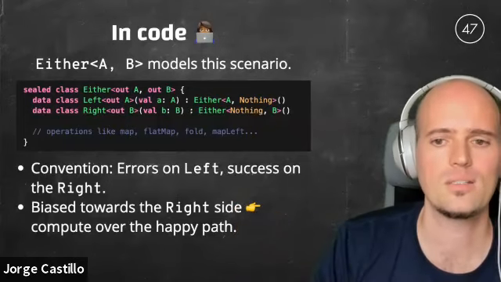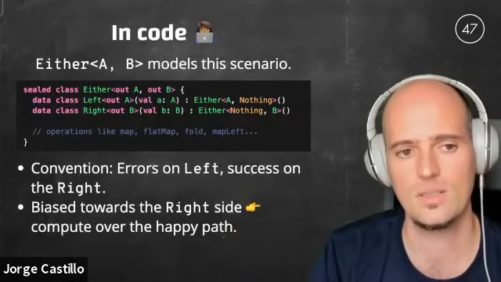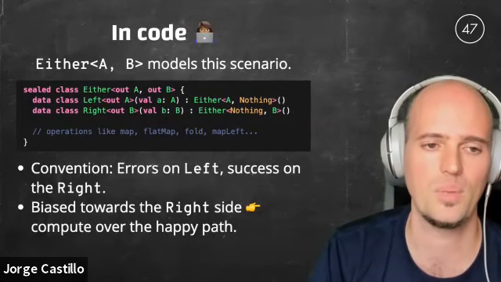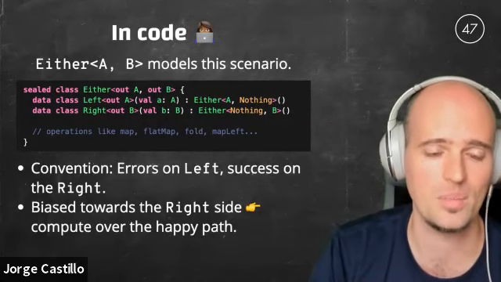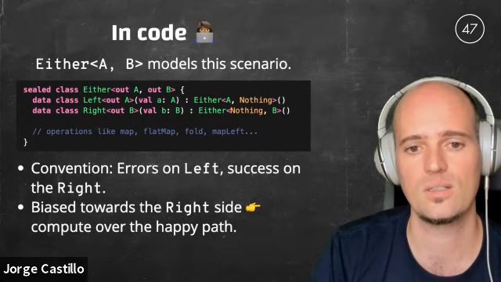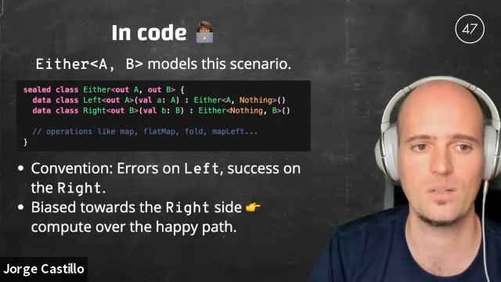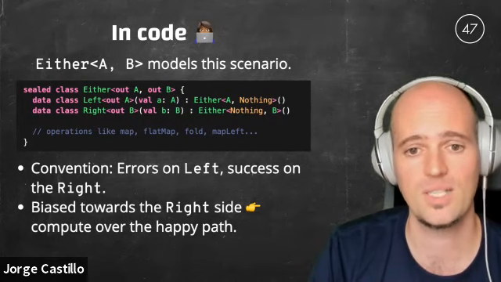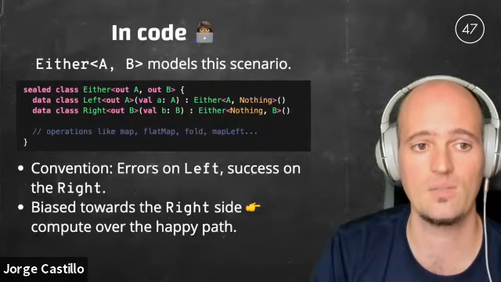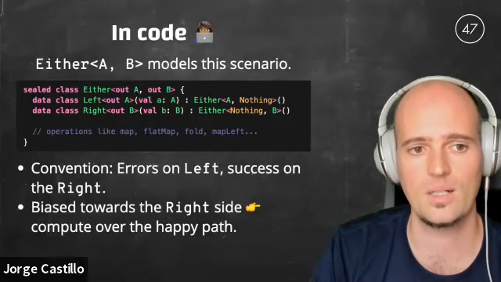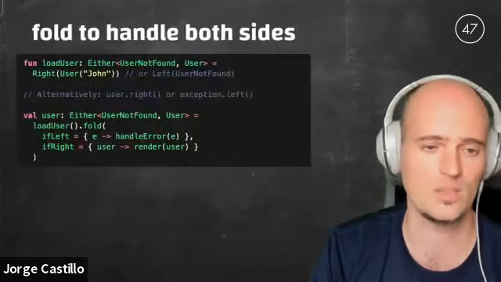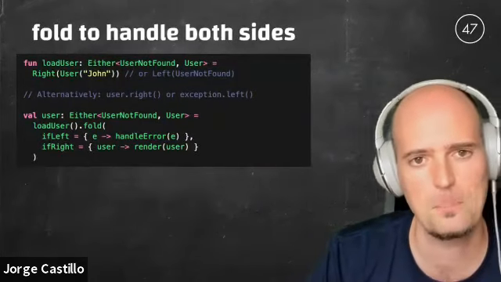So you get the ability to keep computing over the happy path, because that's how flatMap is written, just by using map, flatMap, or any of those combinators, plainly because they are biased toward the right side. If they find that the Either is a Left with an error at that point, they will just forward the error, and the result of the overall computation will be the actual error in the end.